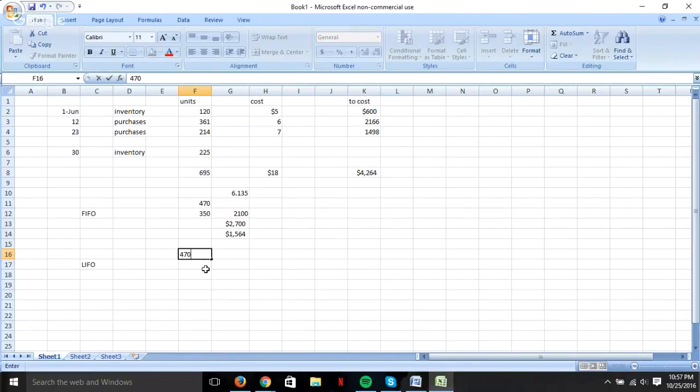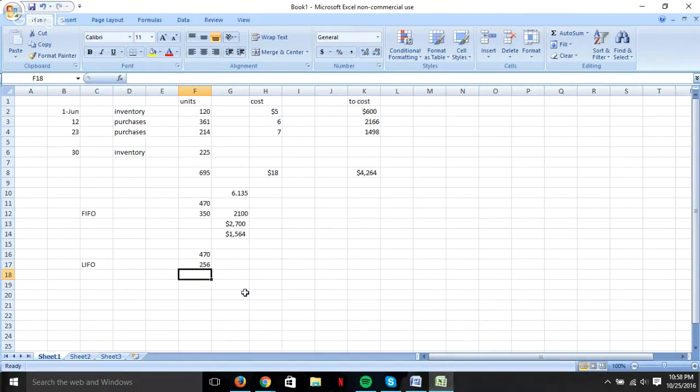So we're going to go here. We'll go the 470, from that being the last of the ones we just purchased. That gives us 256 units that we'll use from the second to last purchase, which is again June 12th.